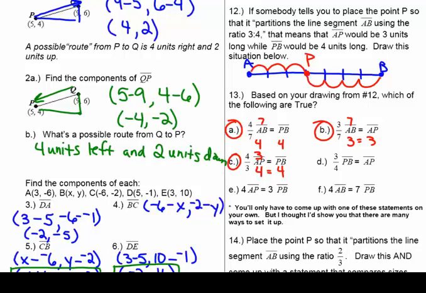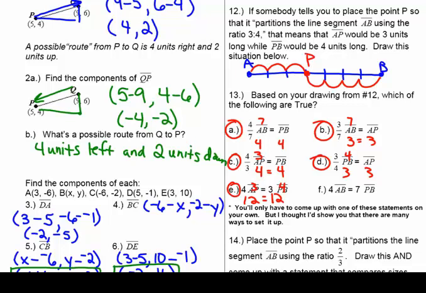The length for part D, 3/4 times PB, which is 4. When I multiply that, I get 3. And then AP is 3 units, so that one works. Let's take a look at E. If I do 4 times AP, so 4 times 3 is 12, and I do 3 times PB, well, PB was 4, so that equals 12, so that one's true.